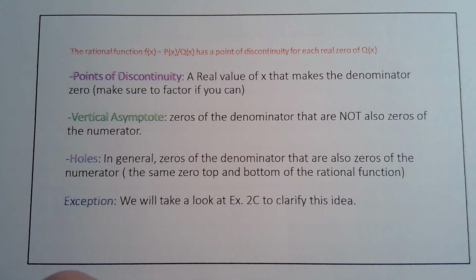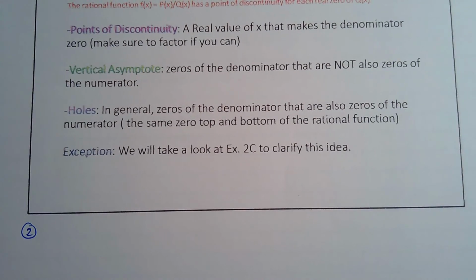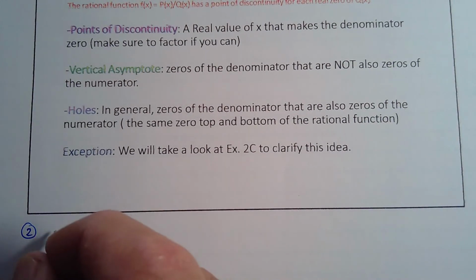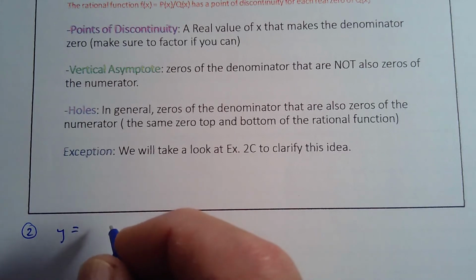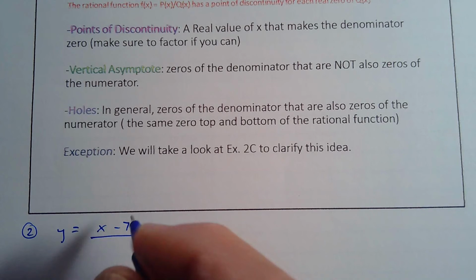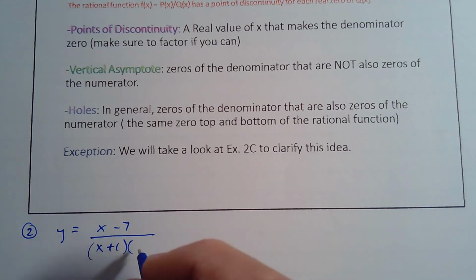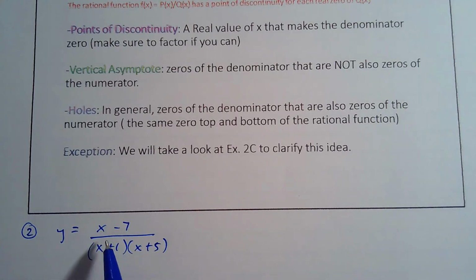All right, so this would be, for example, two problems. Let me move this up just a little bit. And let's say we were given it factored, so we can save ourselves a little time here: x minus 7 all over x plus 1 and an x plus 5. Now you'll notice that I didn't put the top binomial in parentheses.